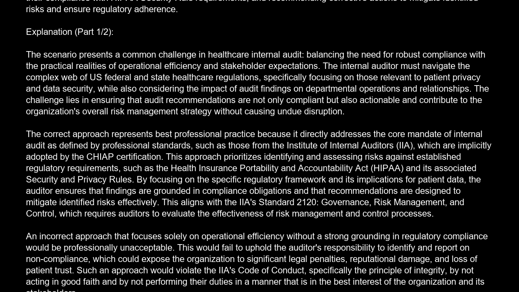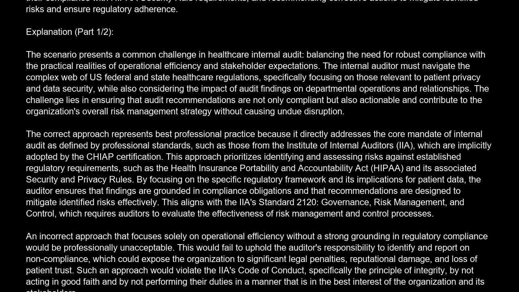The correct approach represents best professional practice because it directly addresses the core mandate of internal audit as defined by professional standards, such as those from the Institute of Internal Auditors, IIA, which are implicitly adopted by the CHIAP certification. This approach prioritizes identifying and assessing risks against established regulatory requirements, such as the Health Insurance Portability and Accountability Act, HIPAA, and its associated security and privacy rules.